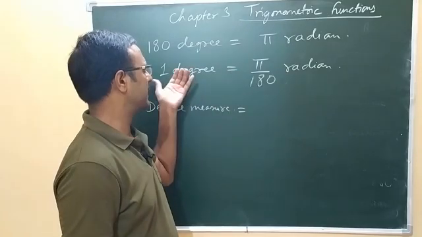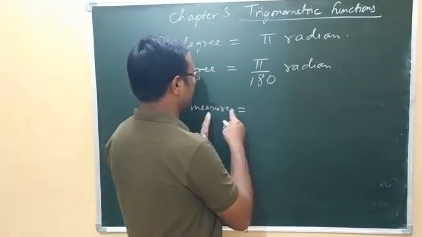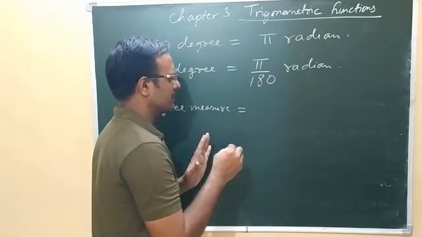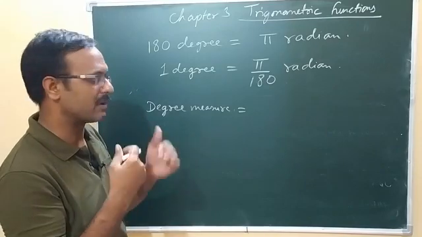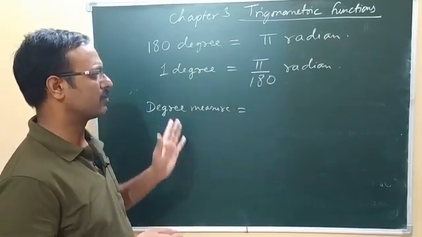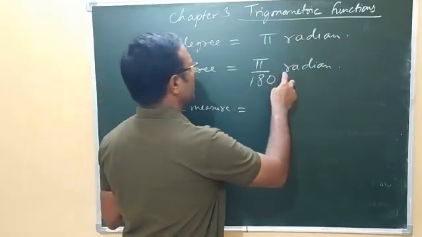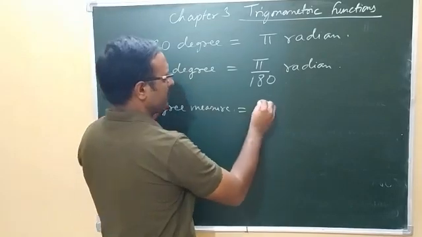Okay, so you will get 60 degree equal to some radian. So we can directly say that if we want to convert degree into radian or radian into degree, 1 radian equal to 180 upon pi.